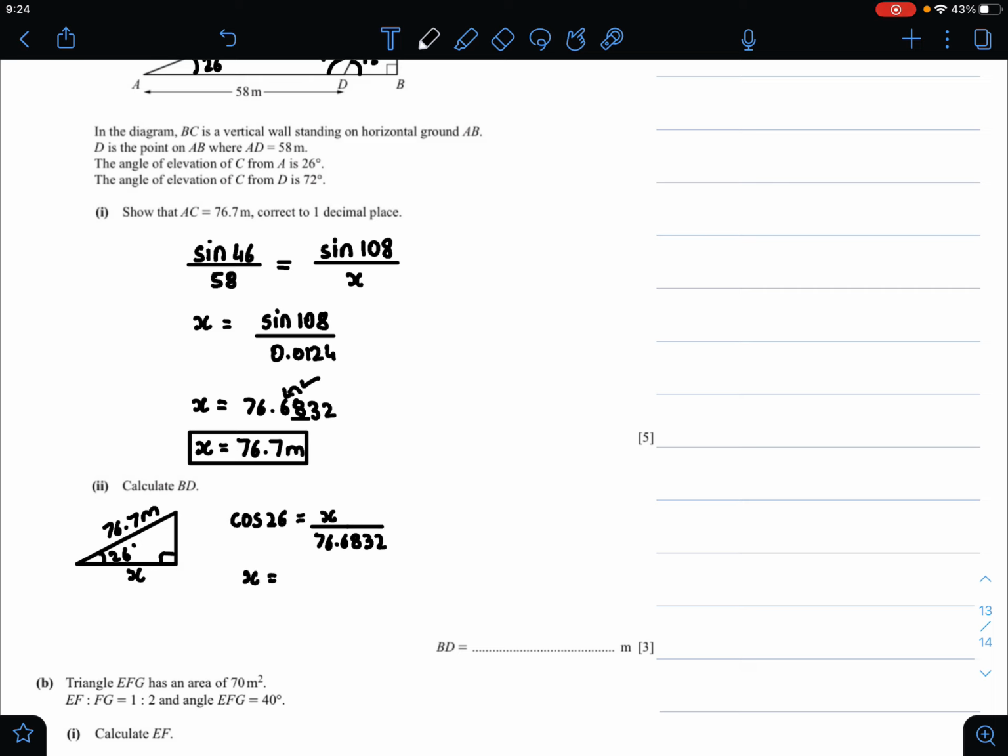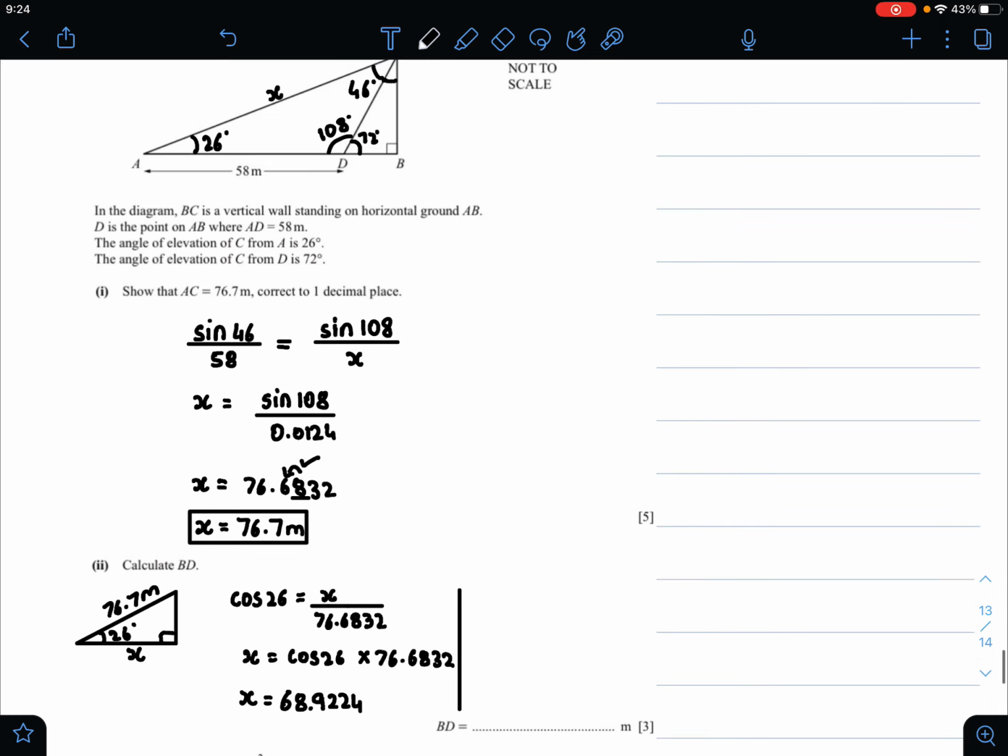So therefore x will be equal to cos 26 multiplied by 76.6832, which is equal to 68.9224. So this is just the value of x. We need to find the value of BD, and x represents AB.